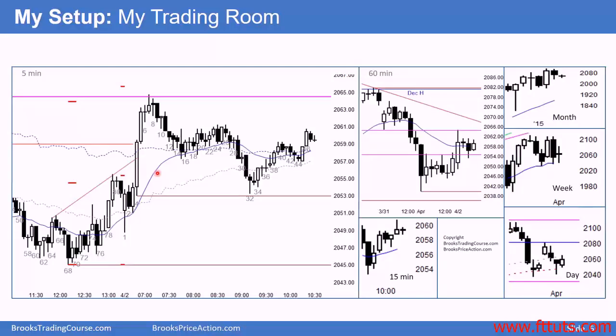And you can see the 3 moving averages: the 5-minute 20-bar exponential moving average, the moving average on the 15-minute chart, and this blue dotted line, the 20-bar moving average on the 60-minute chart. I have a 60-minute chart here, a 15-minute chart here, and then a daily chart of the E-mini here, and then weekly and monthly. On the screen that I now have, I don't show the weekly and monthly charts because the screen is too crowded.